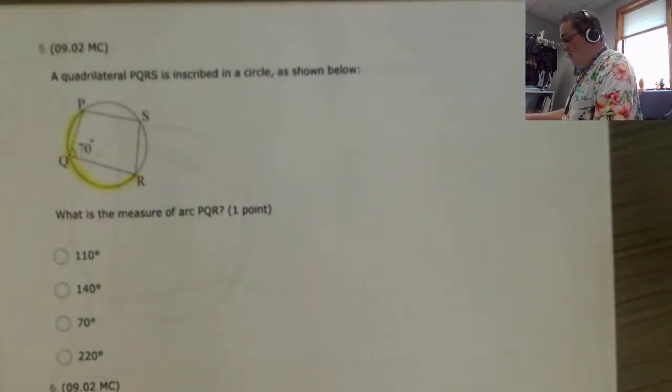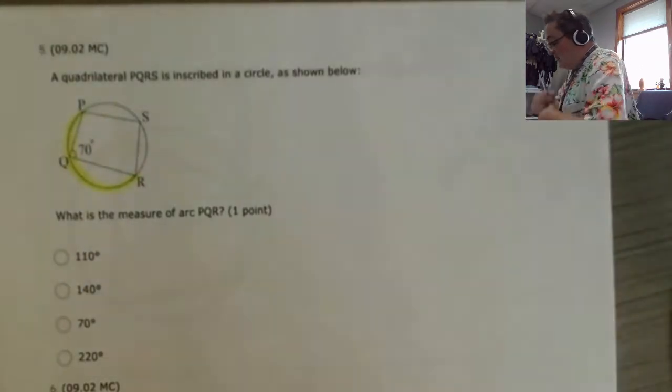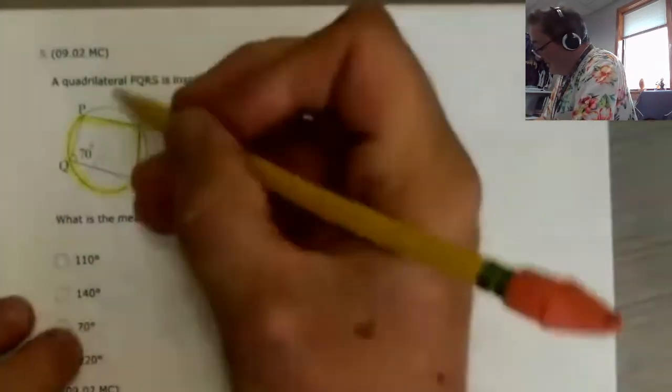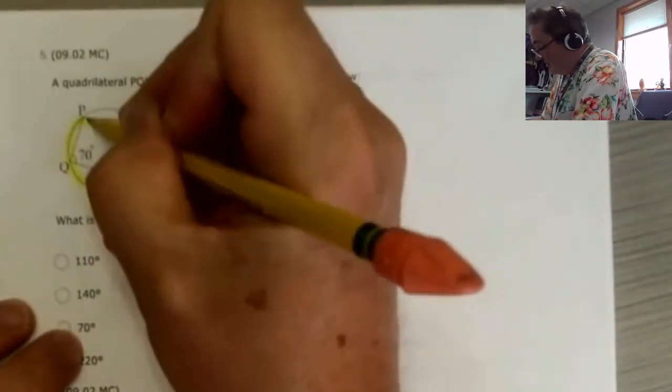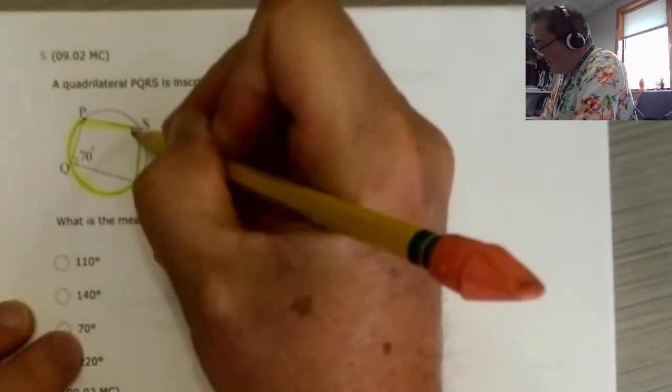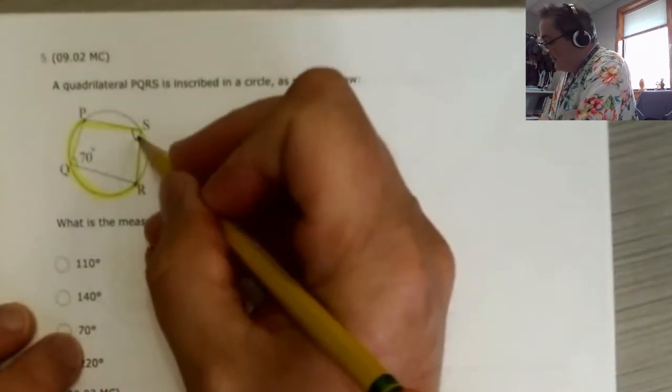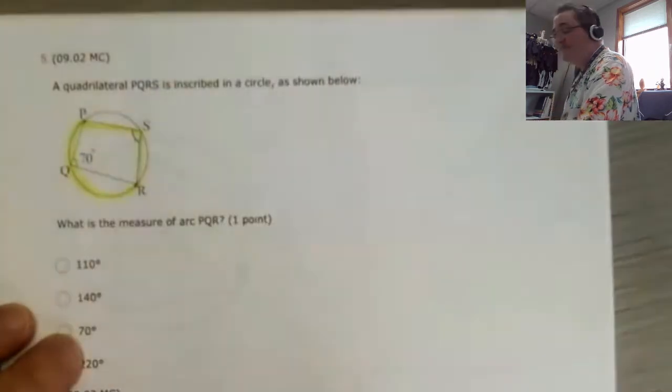Okay, well, we know that arc is going to be double whatever this angle is, because this angle touches the edges of that arc, right? This is the angle that goes from R to P. So whatever that angle is would be half of this arc. So if we can figure out what that is, we know this is going to be twice.